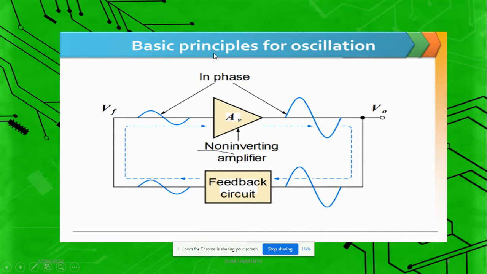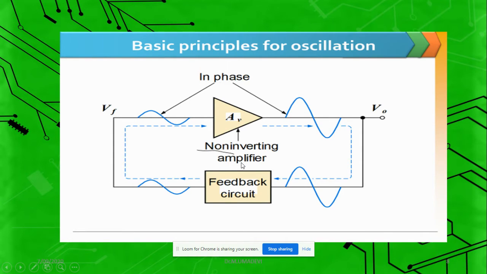This is the basic principle of an oscillator circuit. It consists of a non-inverting amplifier and a feedback circuit. AV is the voltage gain, and V0 is the output. Here the output is given to the feedback circuit, and VF is the feedback voltage. When the feedback voltage is given to the non-inverting amplifier, it won't invert the signal, but the amplitude will be increased.